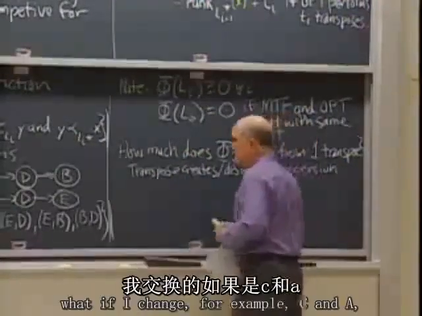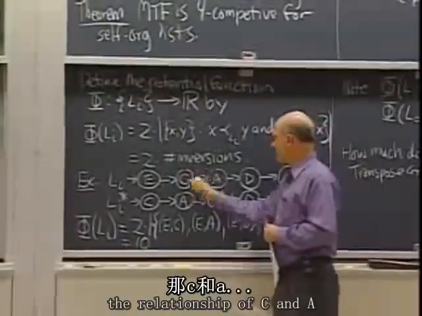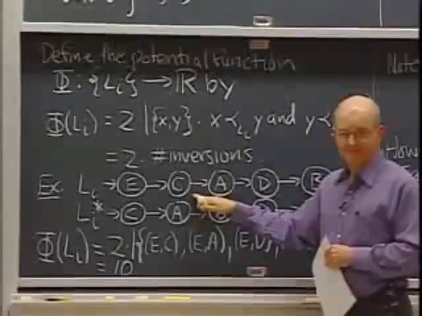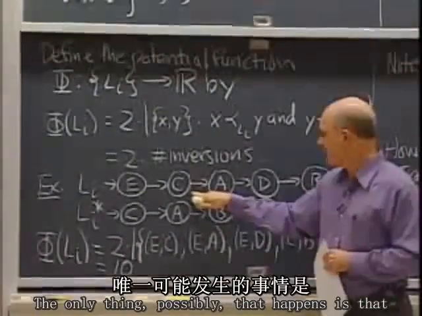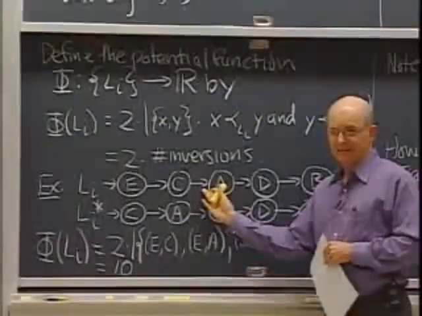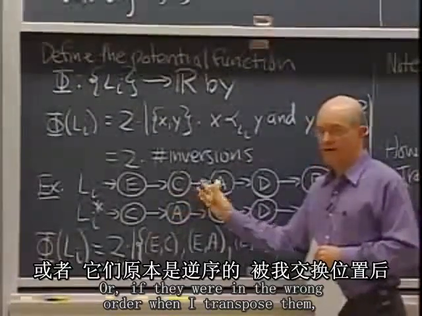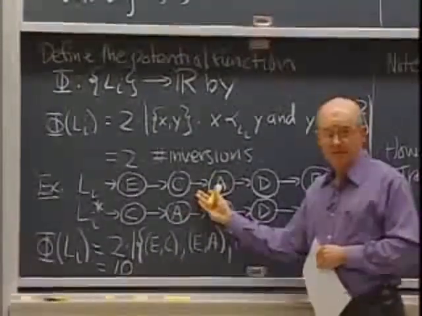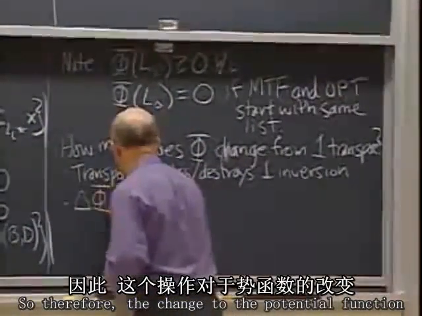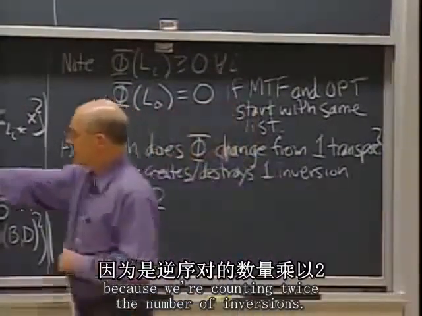If I change, for example, C and A, the relationship of C and A to everything else in the list is going to stay the same. The only thing possibly that happens is that if they're in the same order when I transpose them, I've created an inversion. Or if they were in the wrong order when I transpose them, now they're in the right order. So therefore, the change to the potential function is going to be plus or minus 2 because we're counting twice the number of inversions.